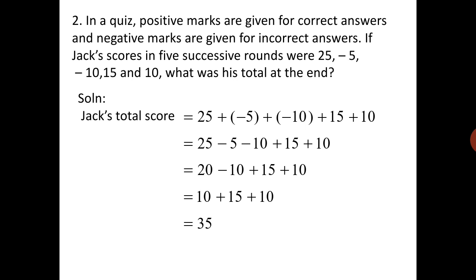So, plus of -5 becomes -5. Again plus minus 10. Plus minus becomes minus. So it becomes -10. The rest, +15 +10, as it is. Now if you read the second statement here, it is 25 minus 5 minus 10 plus 15 plus 10.